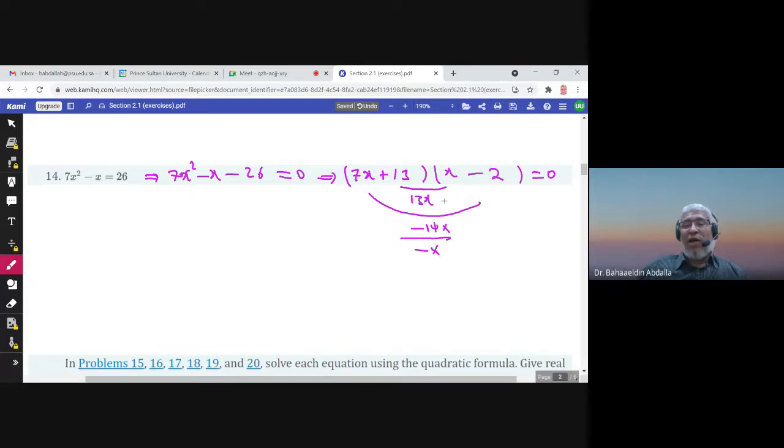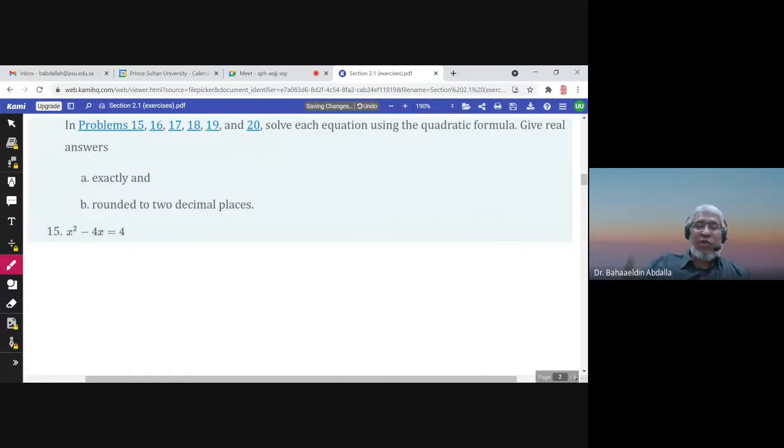So while you are trying to factor negative 26, you are doing this in your mind, the outer plus the inner, to see whether it gives you negative x or not. So either 7x is negative 13 or x is 2. This means that x is negative 13 over 7. So there are two solutions of this equation.